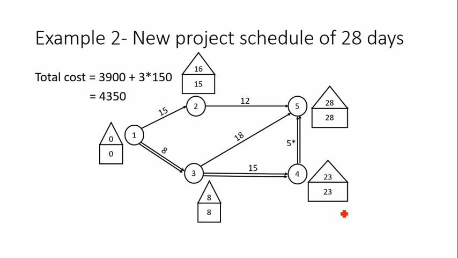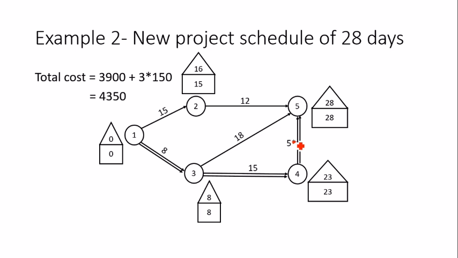This situation will come up in questions when, while doing the compression, a particular activity may reach its crash duration. We need to remember this, so we symbolically represent this information in the network. We draw a star over the duration to make sure that we remember that this particular activity cannot be compressed further.